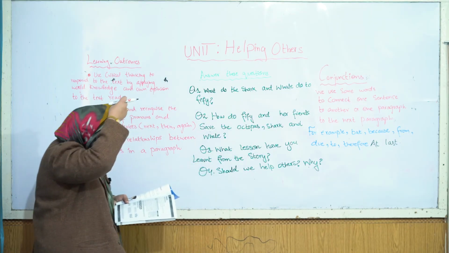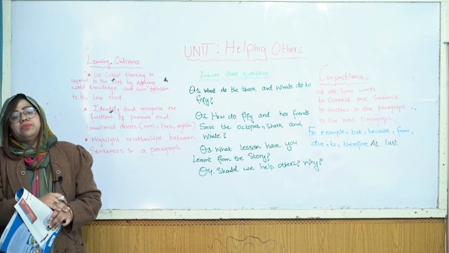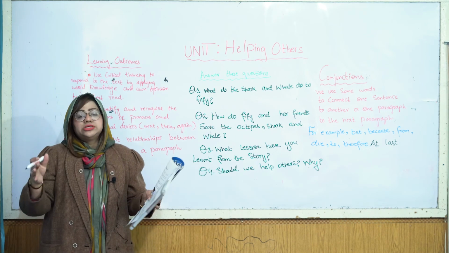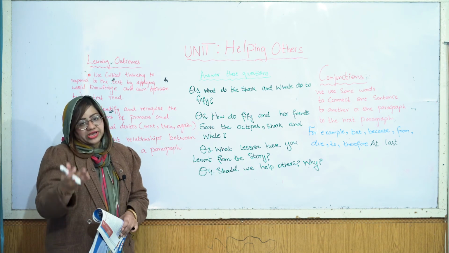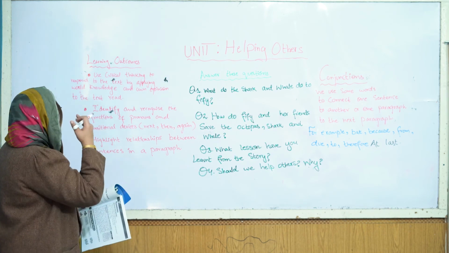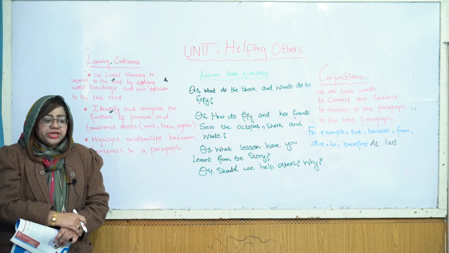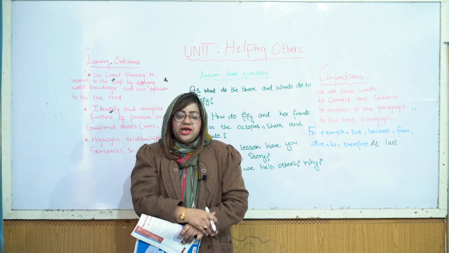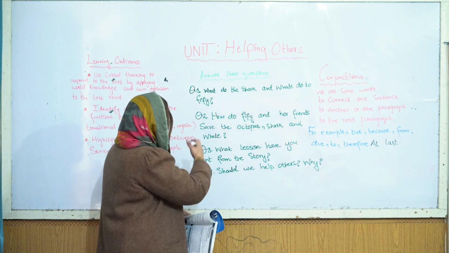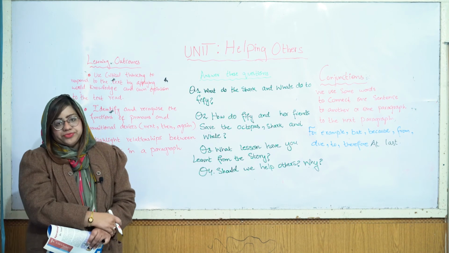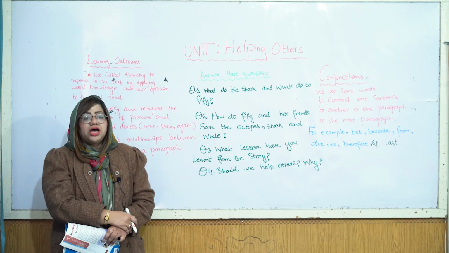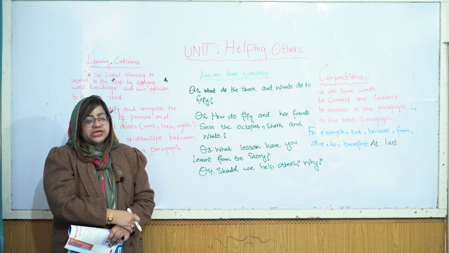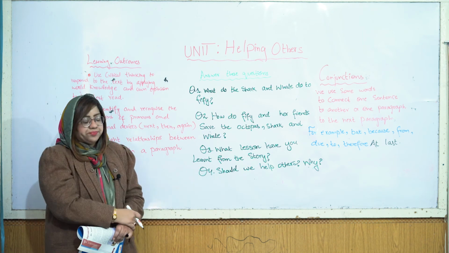Now obviously we need to wrap up what we have learnt in this whole lesson. Let's revise again. First, what did we do today? We revised the story of helping others, and after that we solved the question answers, and using information from the context we gave the answers.